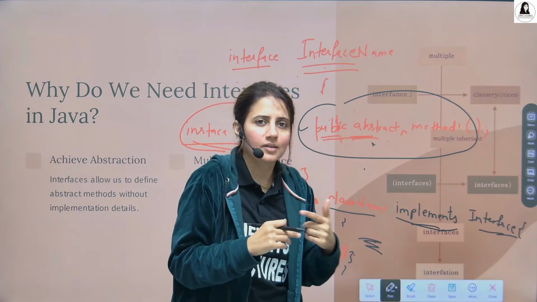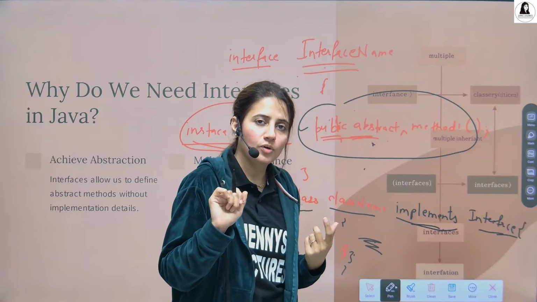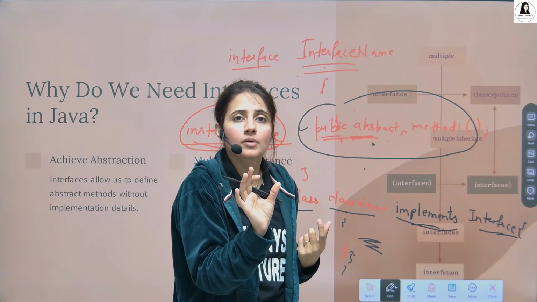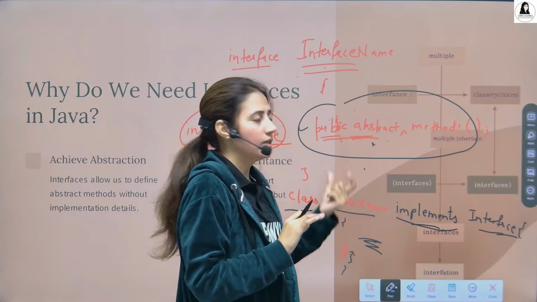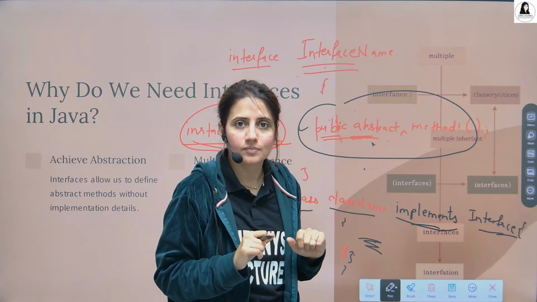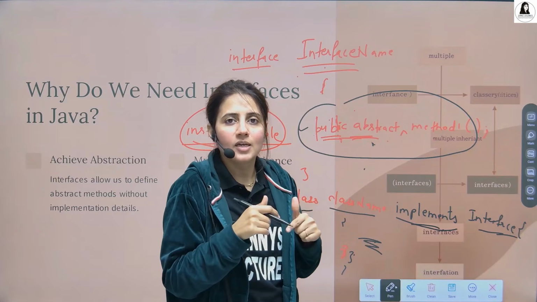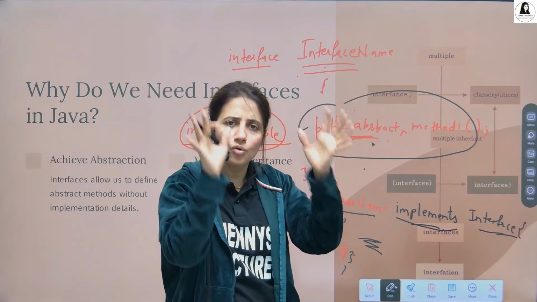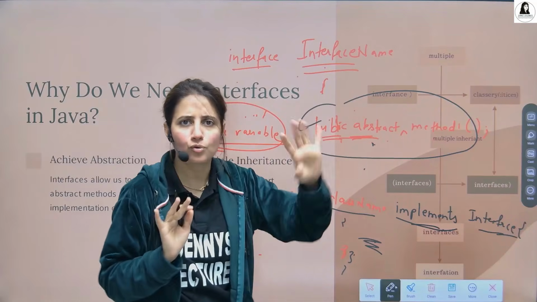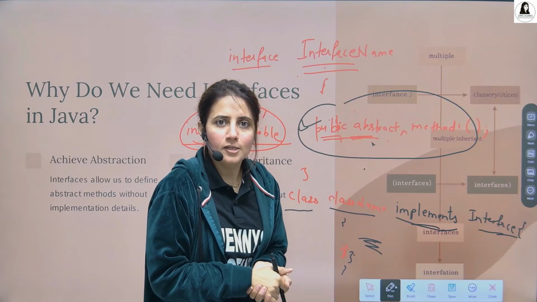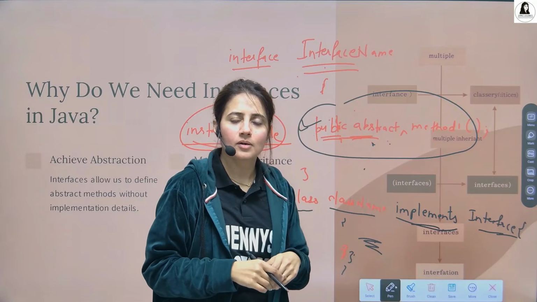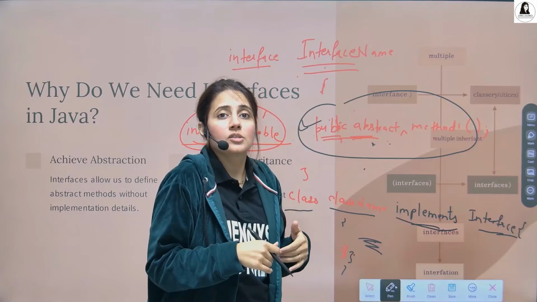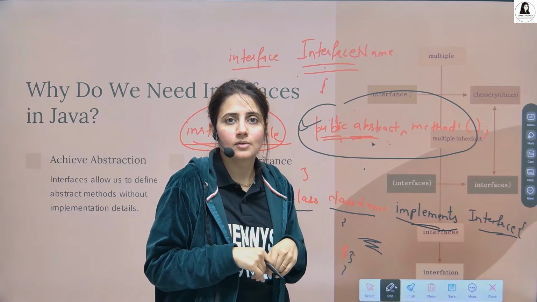So the reason is simple. If I ask you why multiple inheritance or the diamond problem cannot be there with interfaces: because if a class is implementing two interfaces, and in interfaces we only have abstract methods, there is no default or static method, so there is no implementation of these methods. How can the diamond problem be there in that class which is implementing two interfaces?